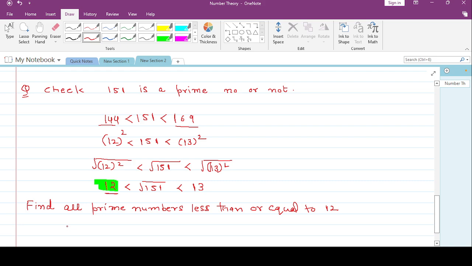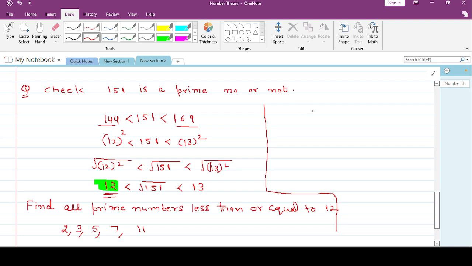So you see that here I have 2, 3, 5, 7, 11. These are the numbers which are prime and which are less than 12. So now one by one I check whether these numbers divide 151 or not.